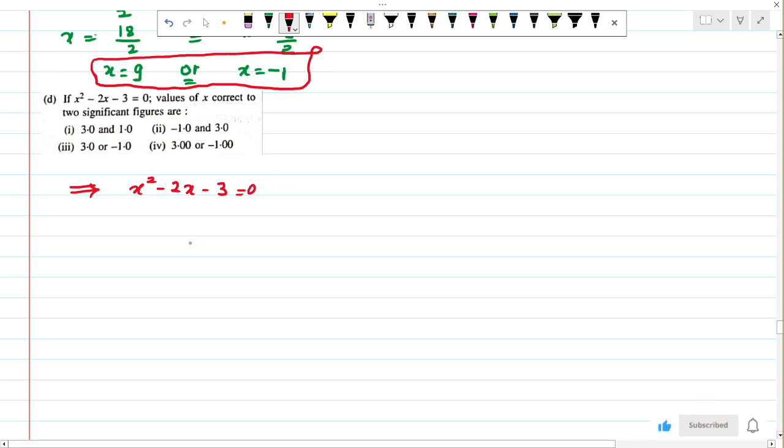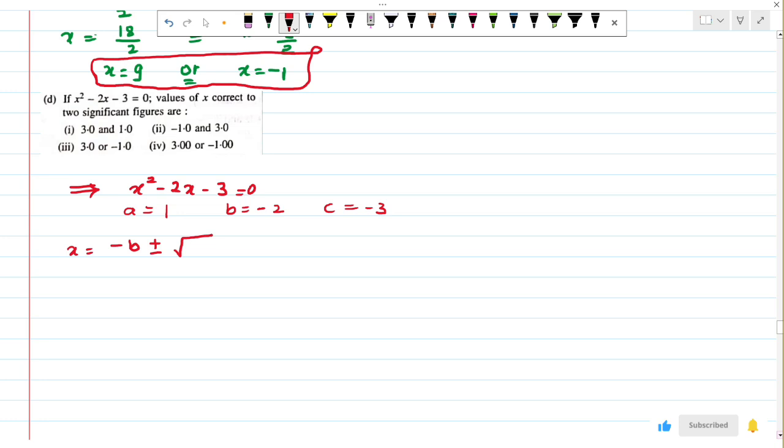Now I'll put the values of a, b as well as c. So what is a here? 1, b is minus 2 and c is minus 3. So I'll substitute these values into x is equal to minus b plus or minus root of b squared minus 4ac divided by 2a.